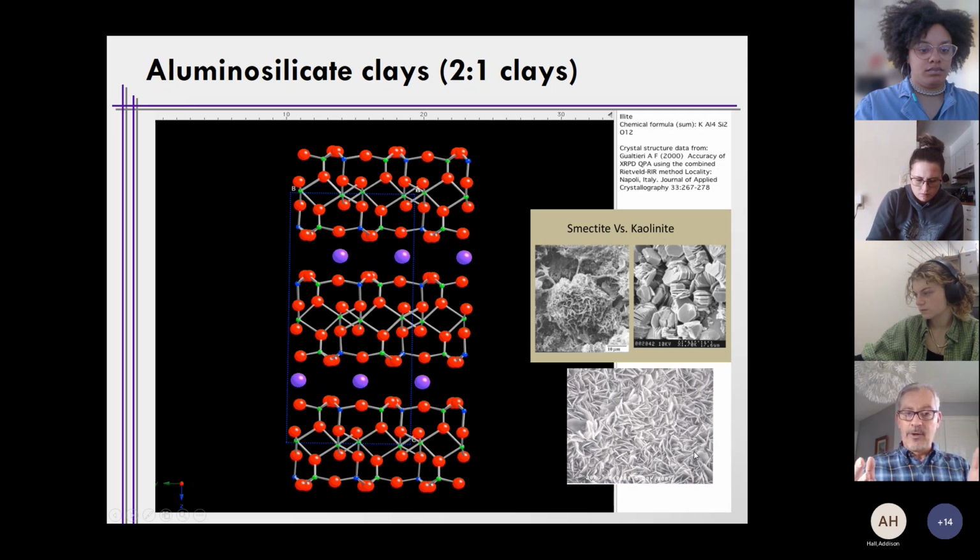I mean, it's not stacked on one another. There are clay particles all over the place in all sorts of different directions. And what this does is it leads to even greater surface area for reactivity to occur as compared to kaolinite.